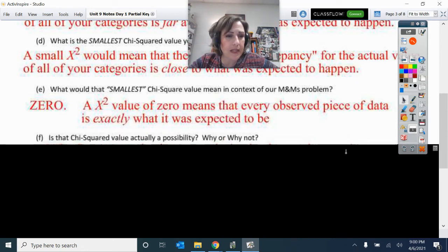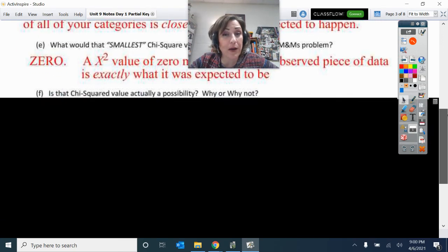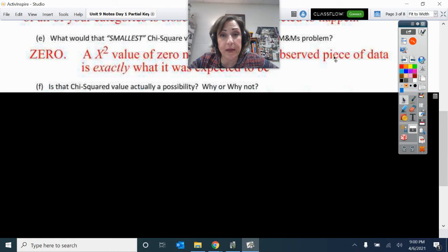Okay. Is a chi-squared value of 0 actually possible for our M&M problem? Why or why not? Well, for me it wasn't. I had 62 M&Ms and you remember that my expected values were decimals.